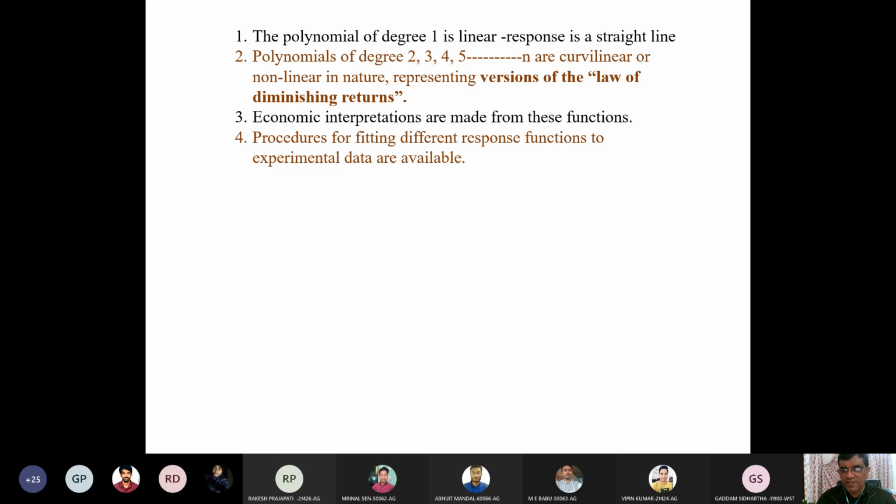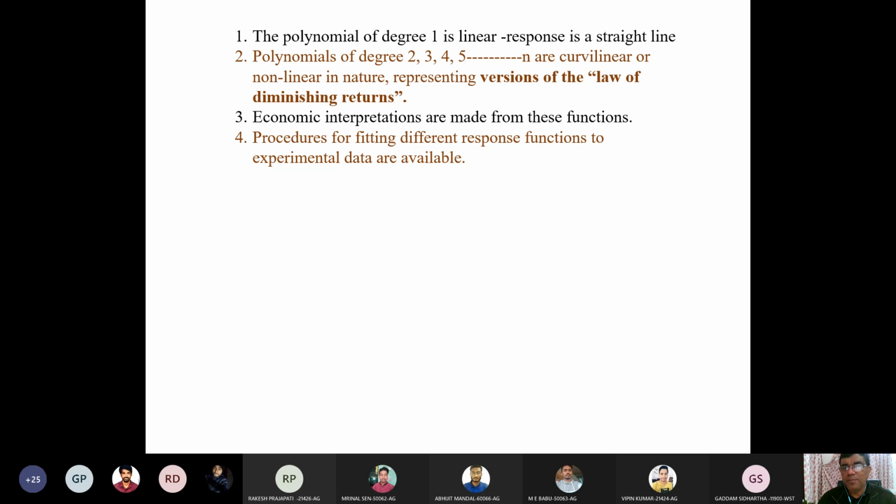So in curvilinear relationships like quadratic or quartic, we see a form of the law of diminishing return. Law of diminishing return here means that in the beginning you will get a very slow change, then a very fast change, and then again a slower change, and then it can become negative. So these curvilinear relationships follow a version of the law of diminishing return.